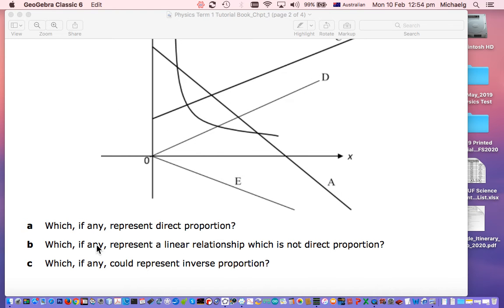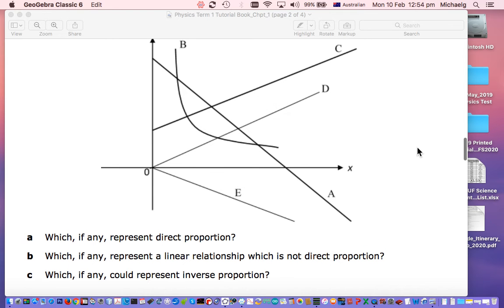Which, if any, represent a linear relationship which is not directly proportional? Well, linear relationship just means it produces a straight line. A is producing a straight line, and C is producing a straight line.